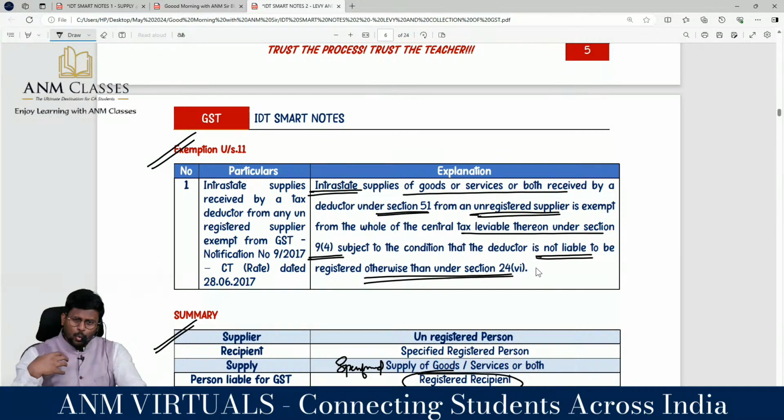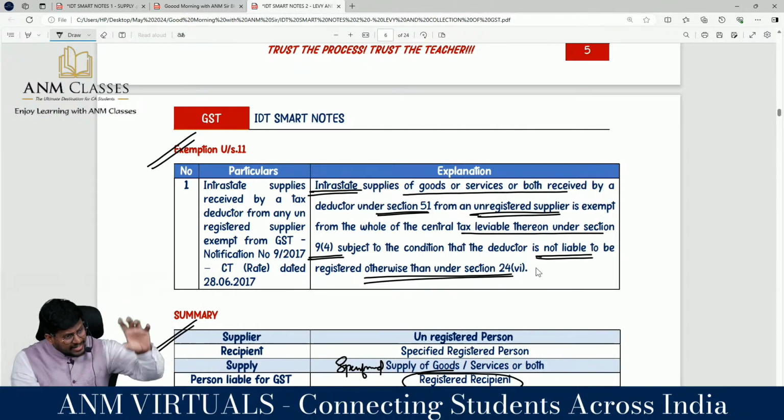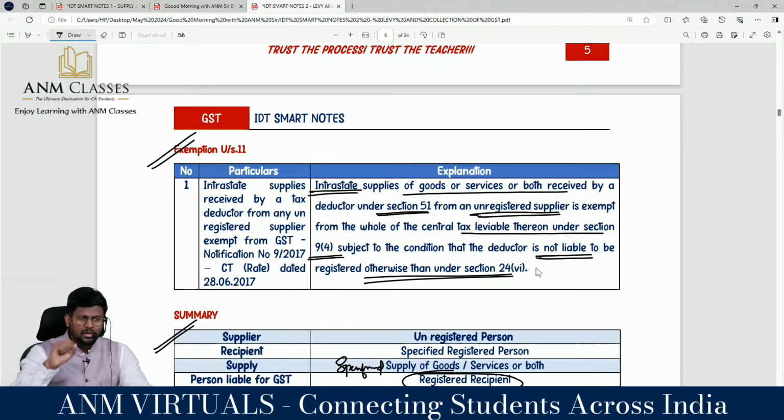You have received only supply from the specified people which are mentioned under section 51. Then if you are getting any intra-state supply from an unregistered person, then provisions of 9 subsection 4 will not be applicable to that person who has taken registration only for the purpose of deducting TDS under section 51. Provisions of 9 subsection 4 are not applicable in case of a person who has taken registration only for the purpose of deducting TDS under section 51.